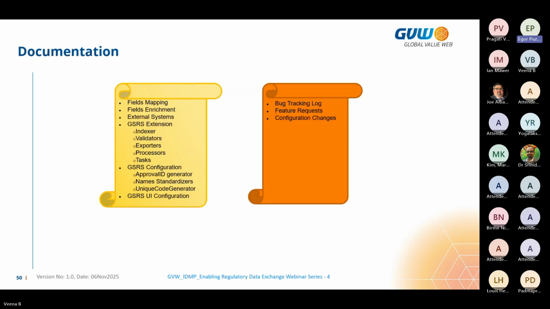And on the right side, we have a specific document where we're tracking bugs and features that users requested, and then configuration changes. It means for every test iteration, we will put here new bugs or close already fixed bugs, create new feature requests, and close implemented feature requests. Everything is done here in the right document. Please, next.